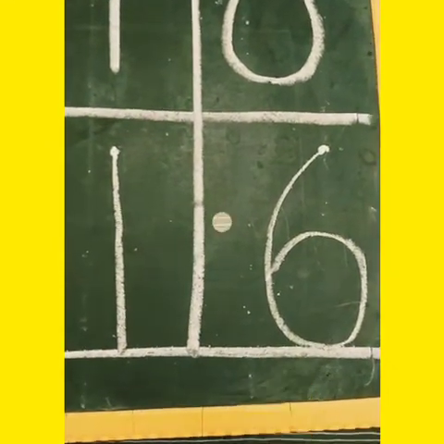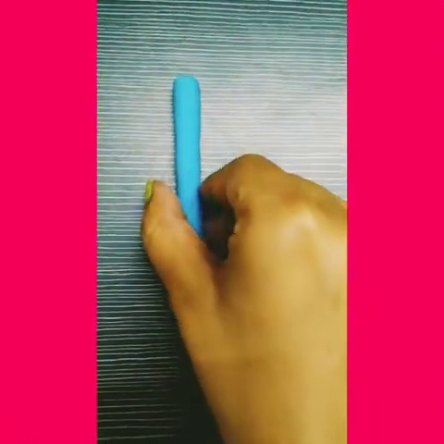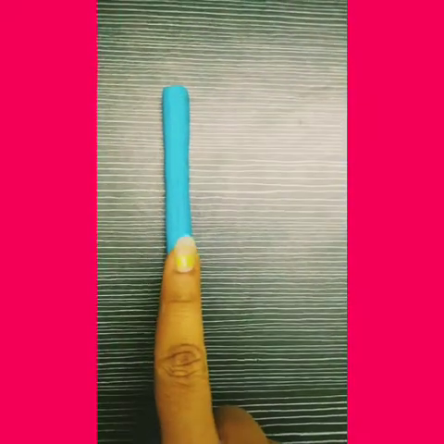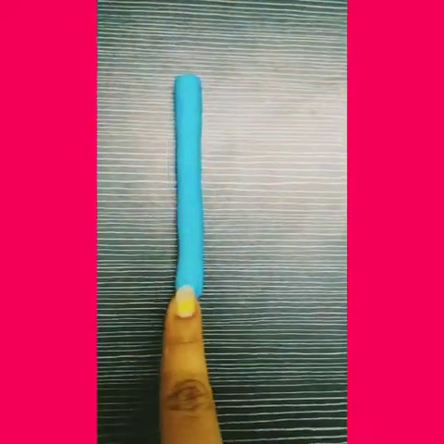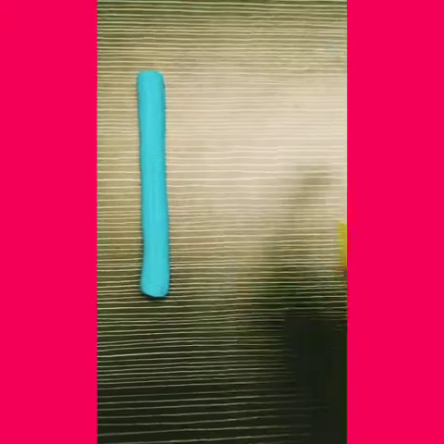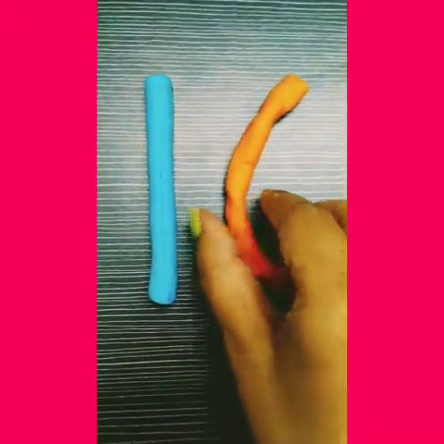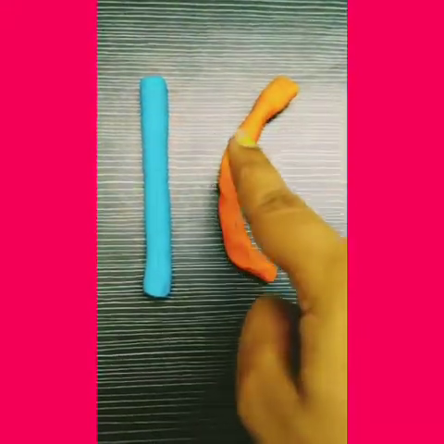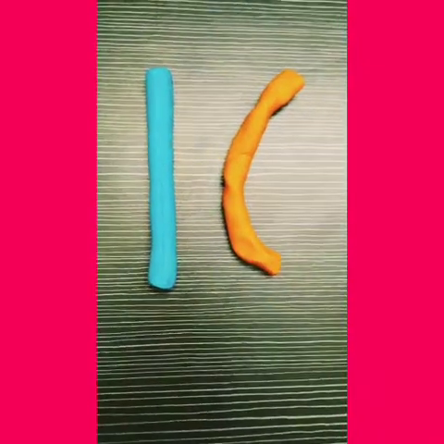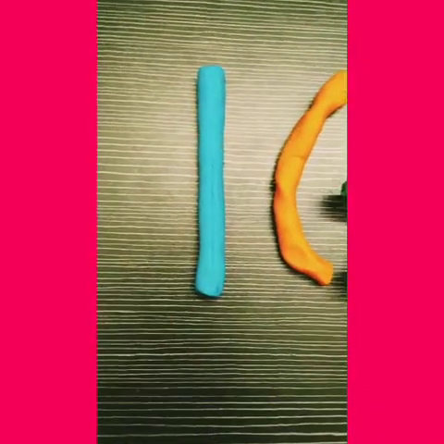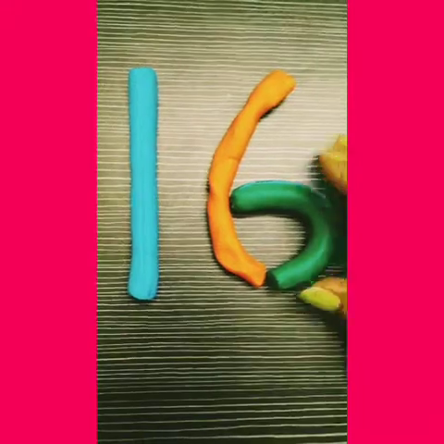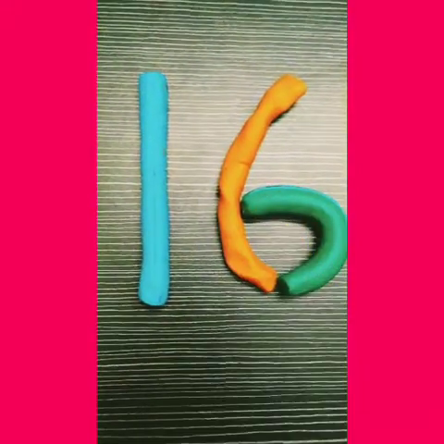Kids, like this you have to write number 16. 1, 6, 16. Now see the formation of number 16. Very first you have to make one standing line like this. This is number 1. Then make one left curve, then make one circle like this.